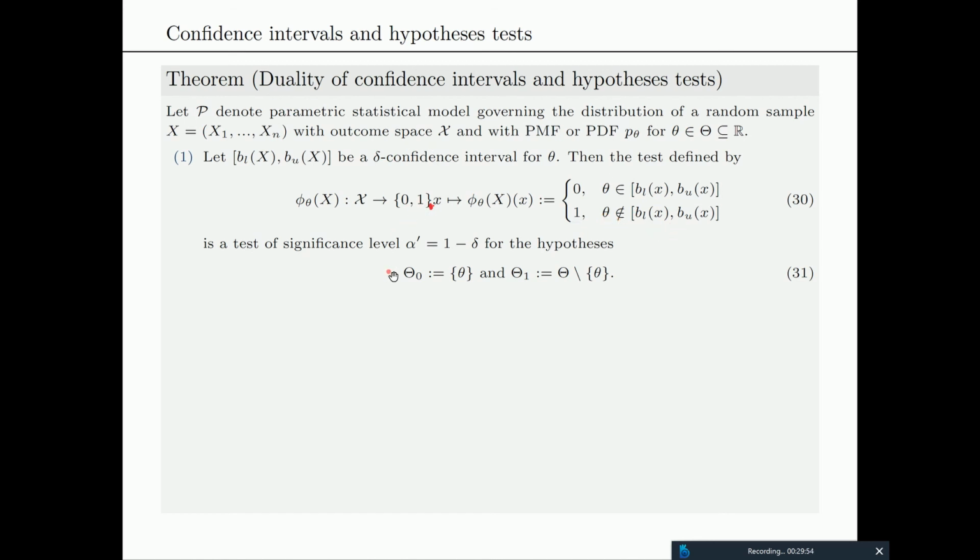I said these binary things the wrong way at first. This is the test. It's of significance level alpha equals 1 minus delta.